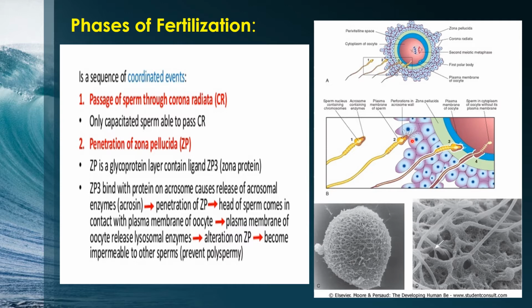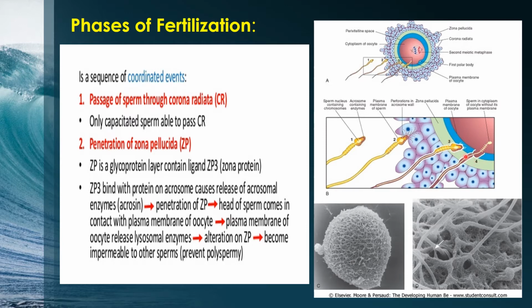The enzyme is mainly hyaluronidase, which causes the lysis and dispersal of the corona radiata cells, plus the hyperactivity of the sperm, that is, the sperm tail is hyperactive and motile, and the side to side movements of the head of the sperm also facilitate its passage through these corona radiata cells.